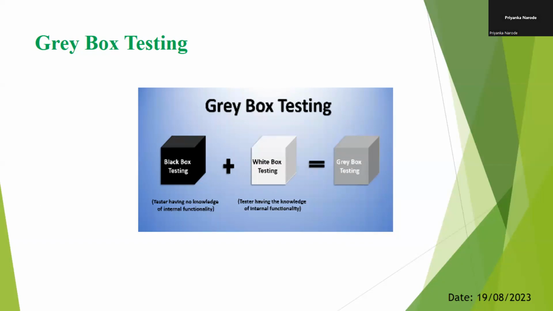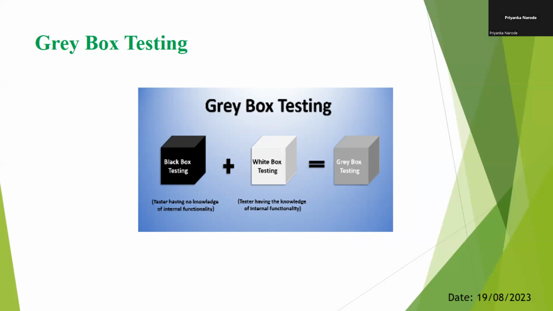This technique tests the software product or application with partial knowledge of the internal structure of the application. The purpose is to search and identify defects, fix them, and improve code structure or improper use of the application.